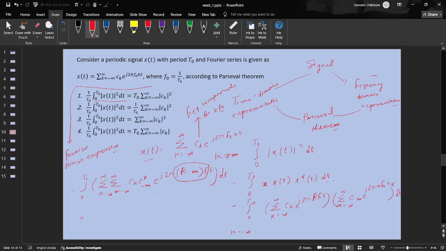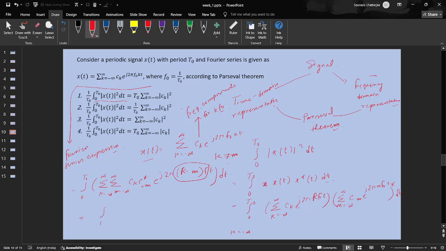So what do you think I can write now? Is the double summation still required, or is there some way to get rid of that? We can write the square of the magnitude of ck.